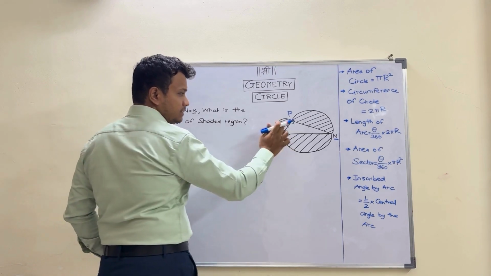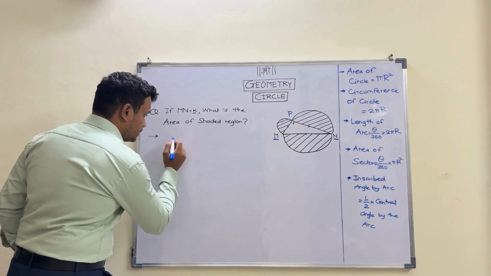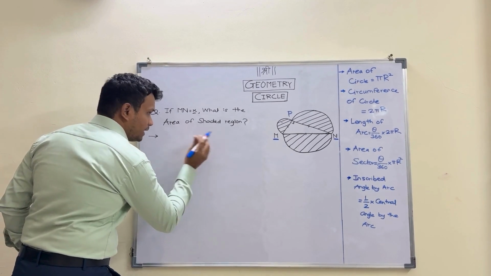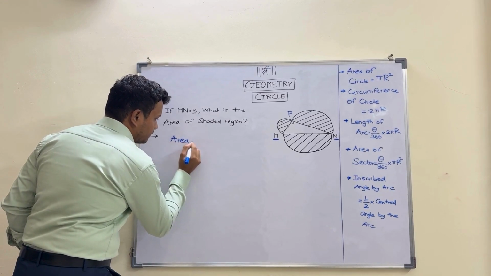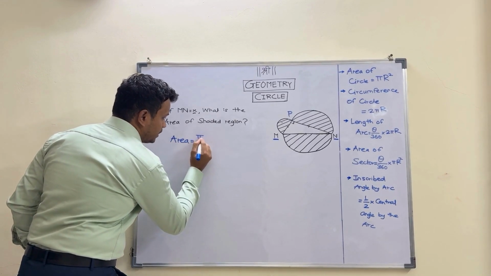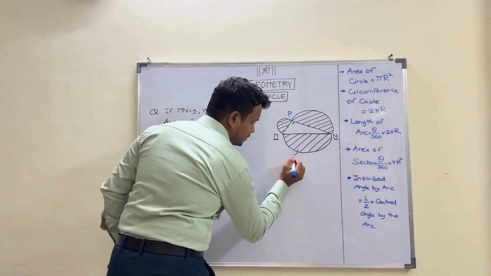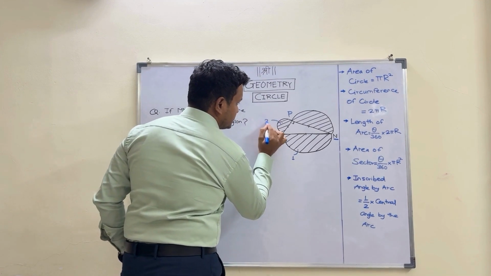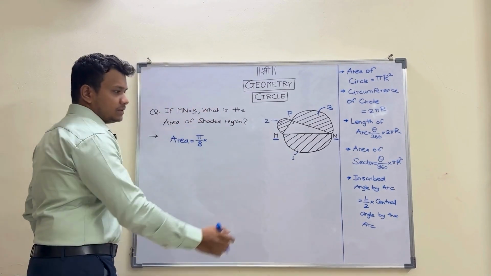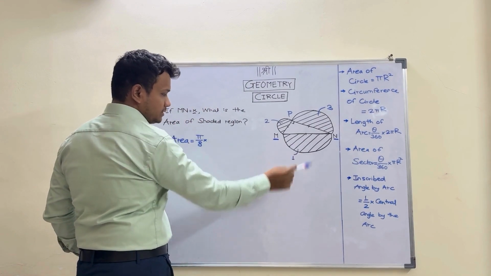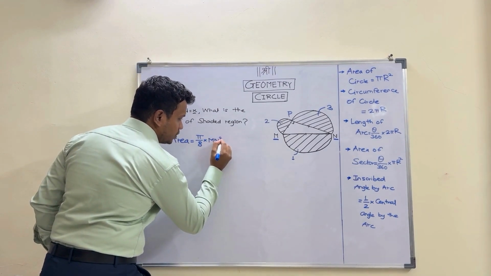So here, if I have 3 semicircles, I'll compute the area of each of them, considering this point. Area of semicircle will be pi by 8 into d square, correct? So for the area of the shaded region, I'll consider this as the first semicircle, this as the second, and this one as the third. The area of the first semicircle would be pi by 8 into MN square.